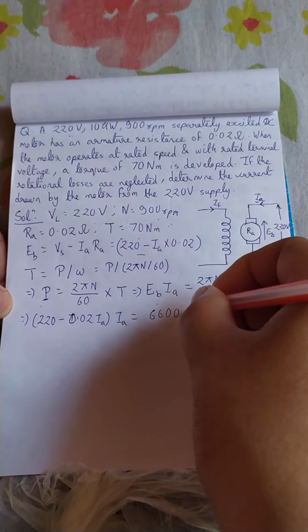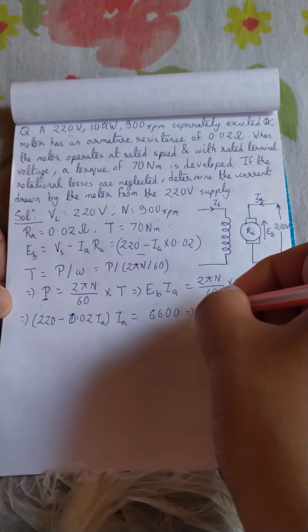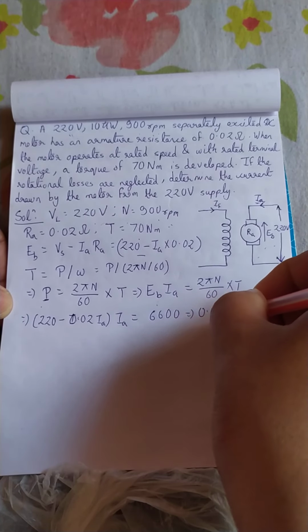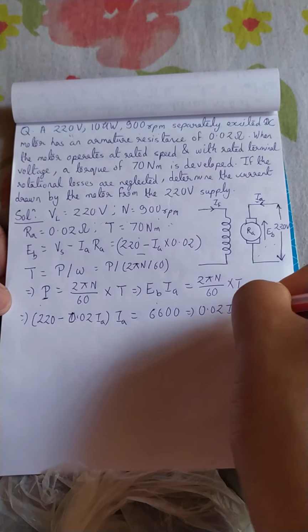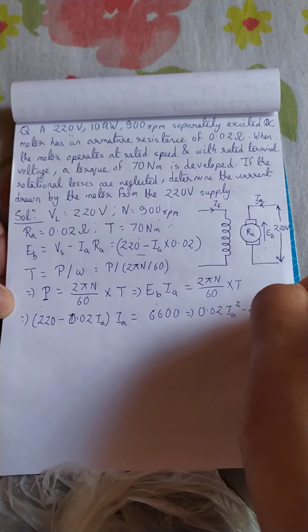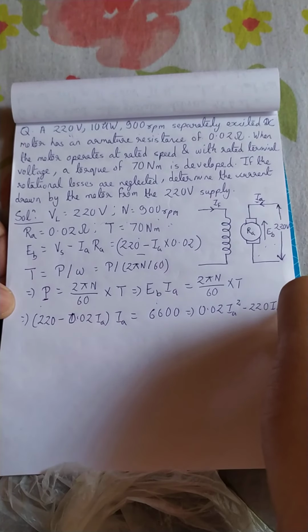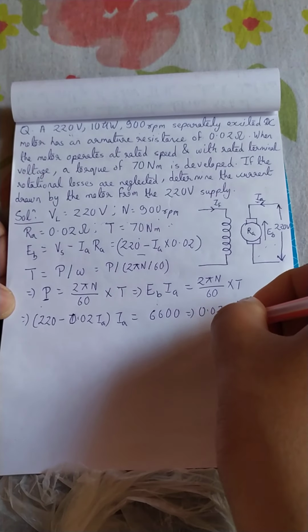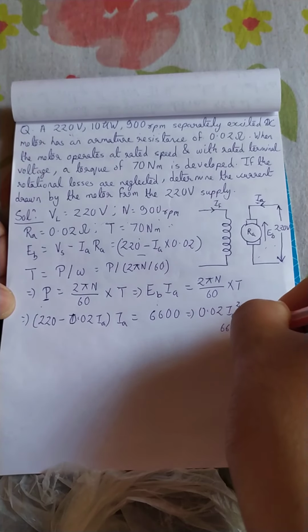So what we can write from this equation is that we are going to have a quadratic equation now: IA square minus 220 IA plus 660 equal to 0.